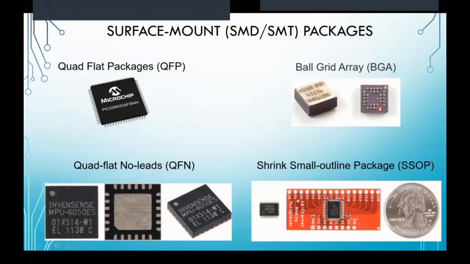So this is a ball grid array. If you look at the processor of any desktop computer, you will find it looks like this. It has several hundreds of pins just below the IC. So there will be a processor socket in the computer.